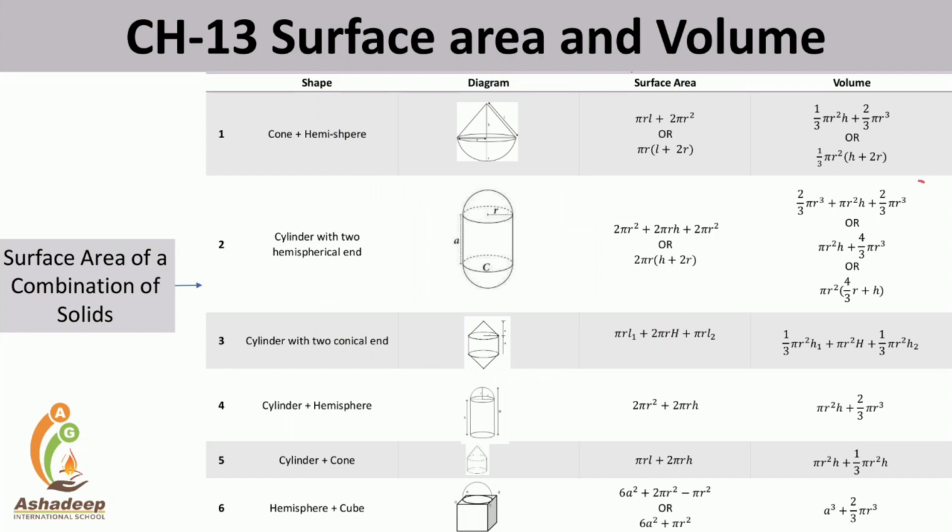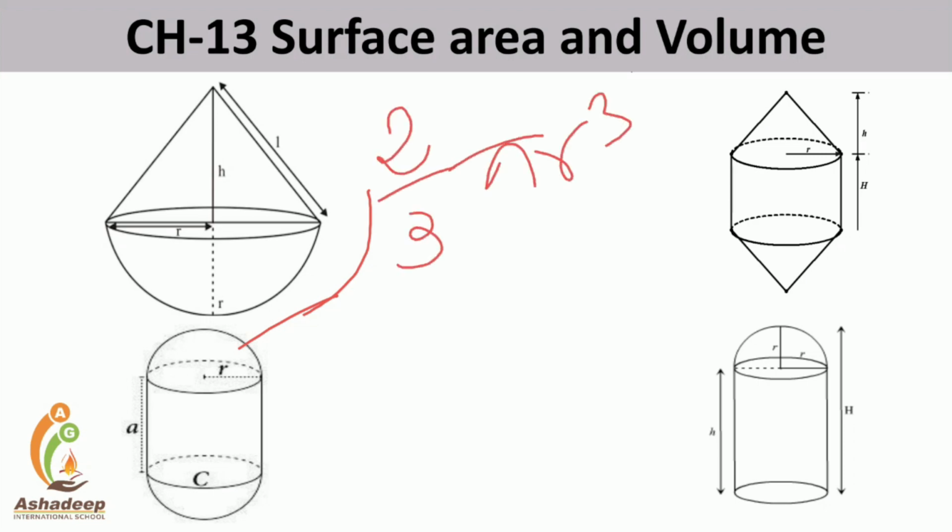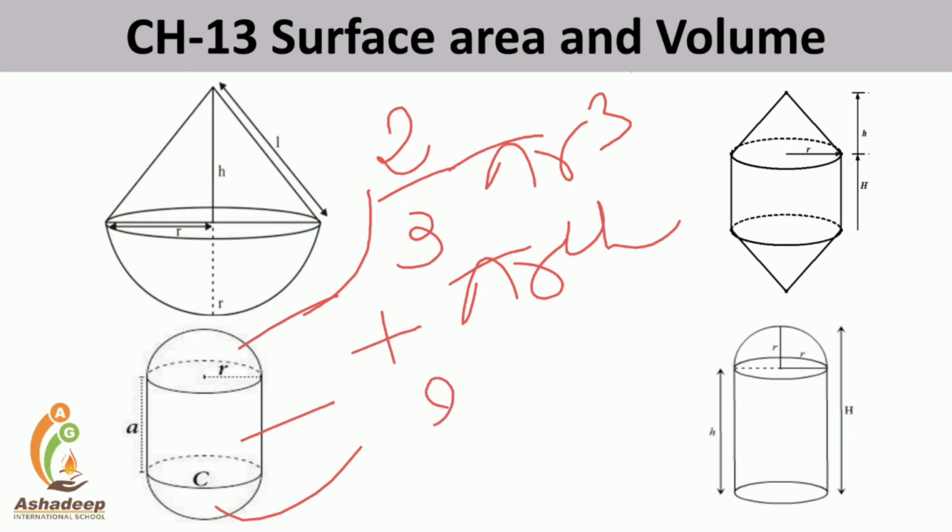Now we need to consider the volume. So what is the volume? It is 2 by 3 pi r cube plus the volume of the cylinder, which is pi r square h. And what about the other hemisphere? That is nothing but 2 by 3 pi r cube, right? Now add this and we'll take out the common.